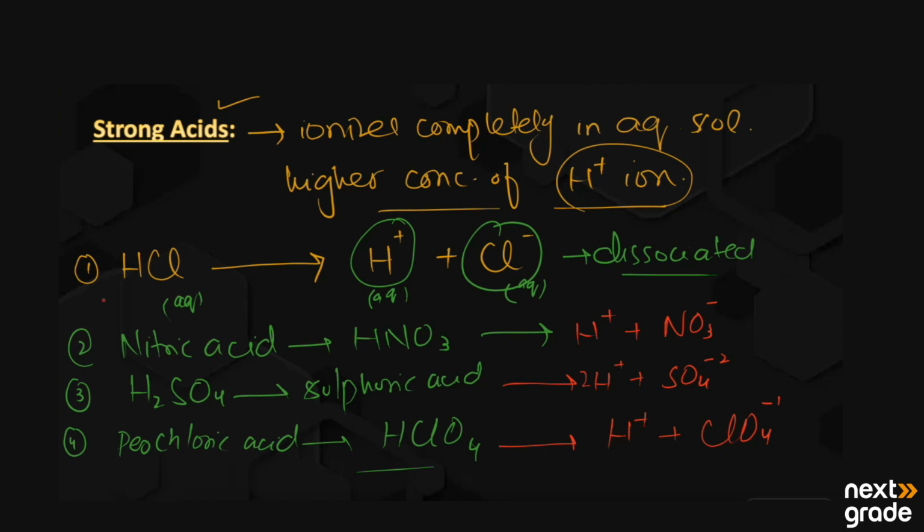So all these four acids, HCl, nitric acid, H2SO4 and perchloric acid, ionize completely in water, producing a higher concentration of H positive ions in aqueous solution, so they are known as strong acids.